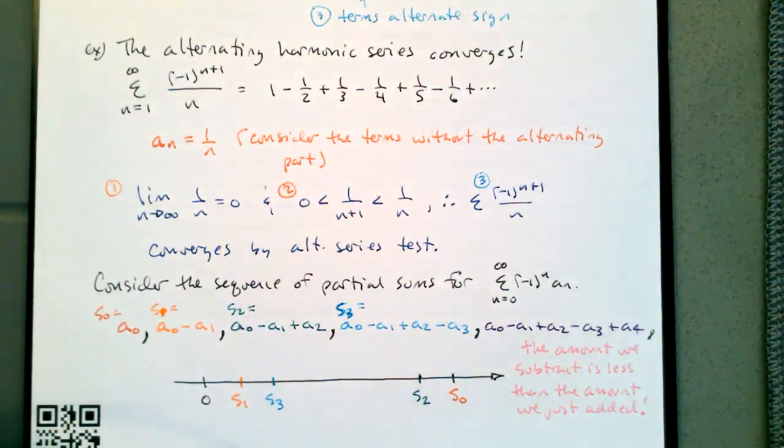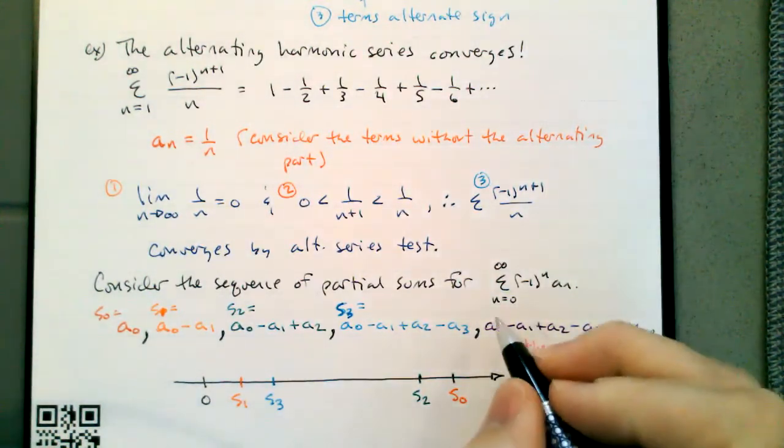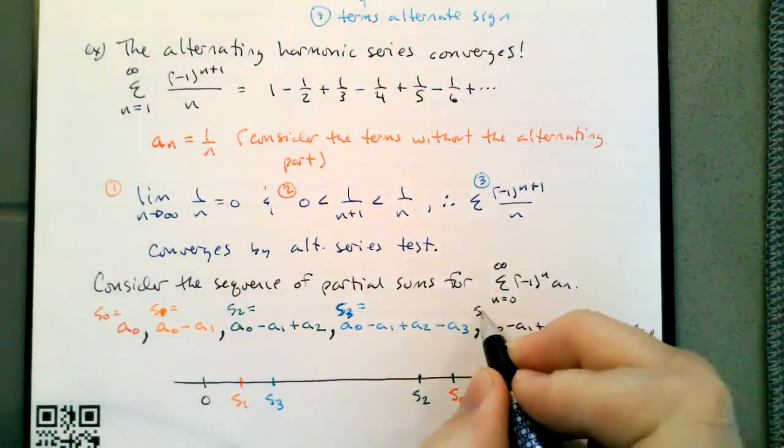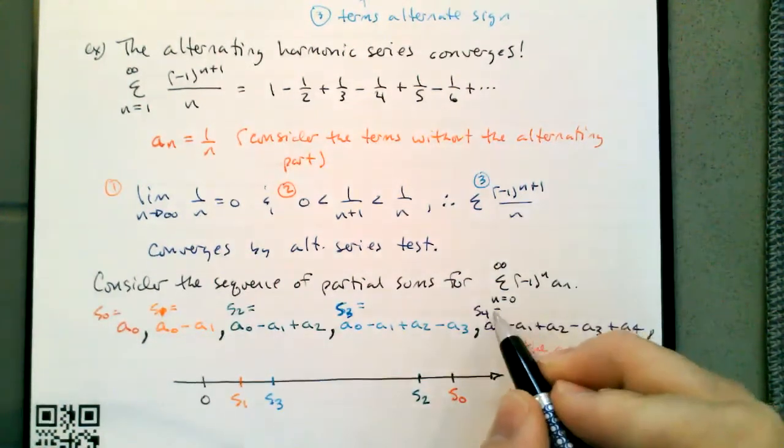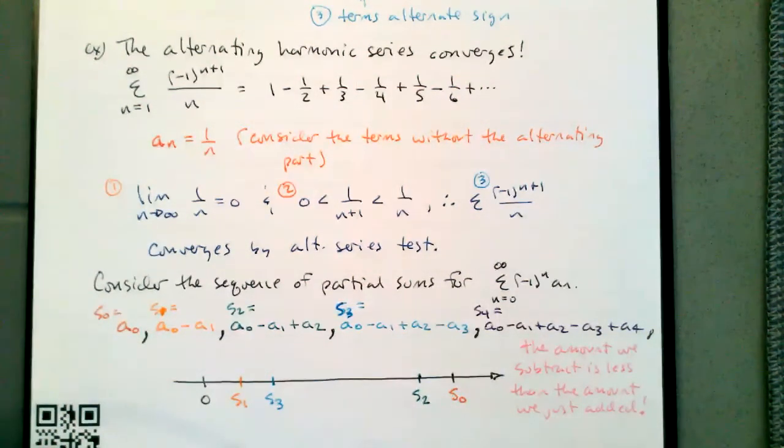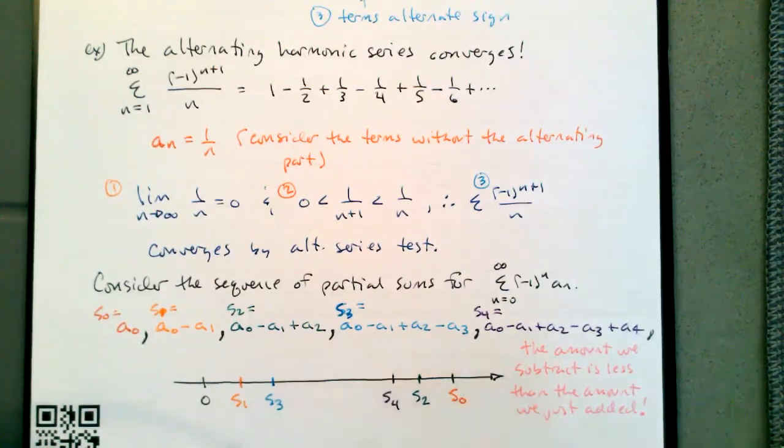And so we're in this Princess Bride situation. Aha, when we go to plot S4, we're just going to add A4 to S3, but the amount that we're adding is less than what we just subtracted. So S4 will have to be between S3 and S2, and I clearly cannot choose the goblet in front of me.